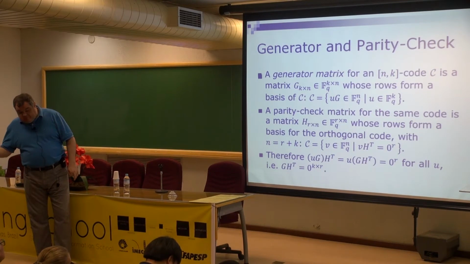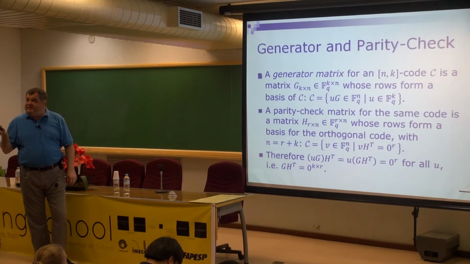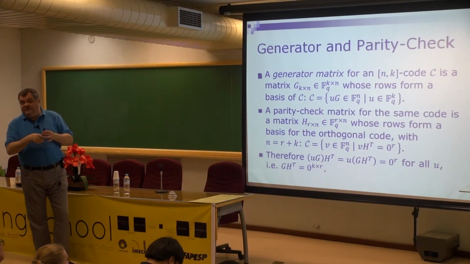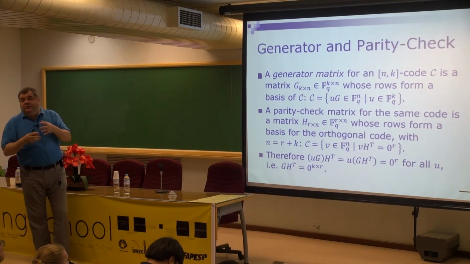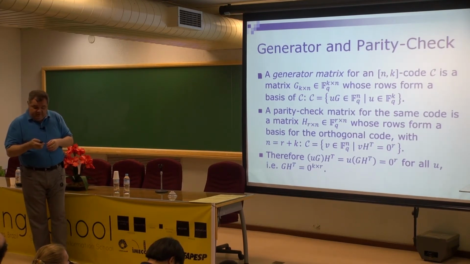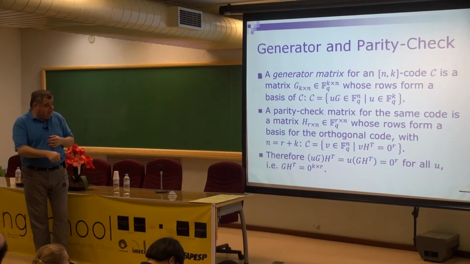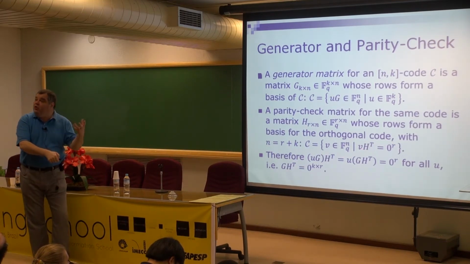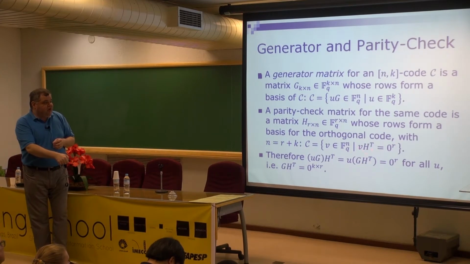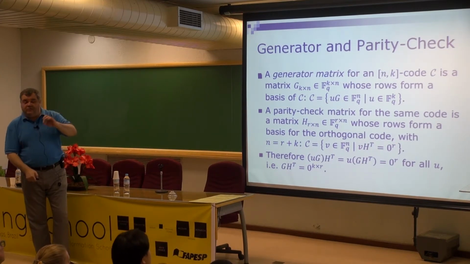The second possibility for defining the same code is to actually give a basis for the orthogonal code, the dual code, the dual vector space. Since it's orthogonal, the projection of code words onto that subspace will be 0. And so we can also define the same code as the set of vectors of the whole vector space whose projection on the dual code is 0.